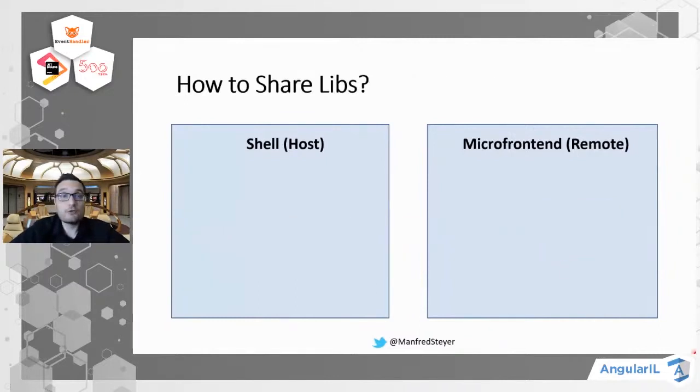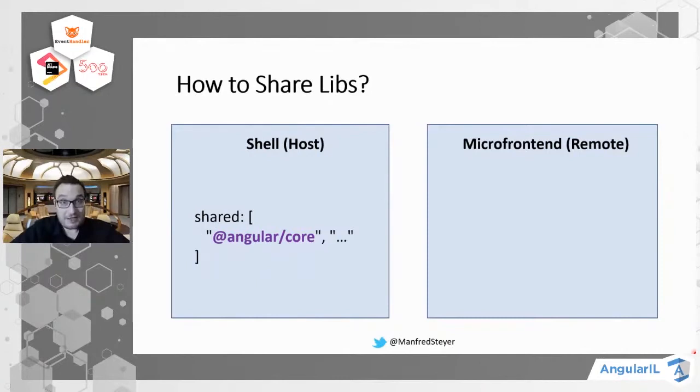Perhaps you are wondering how to share libraries, and this is also quite easy. You can define a shared property in your Webpack configuration. If you go with the easiest option, this is just an array. It can be a bit more advanced. In this case, you can provide an object with a lot of metadata describing when and how to share stuff.